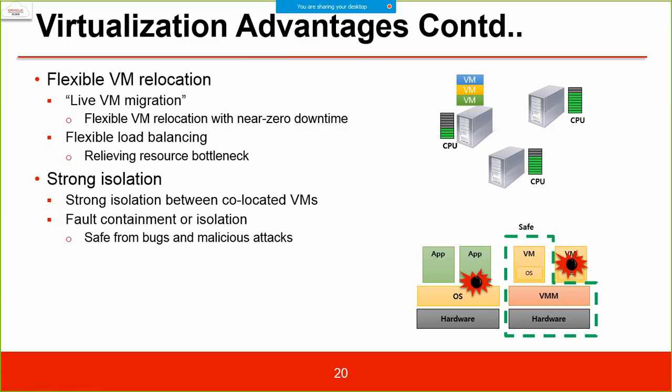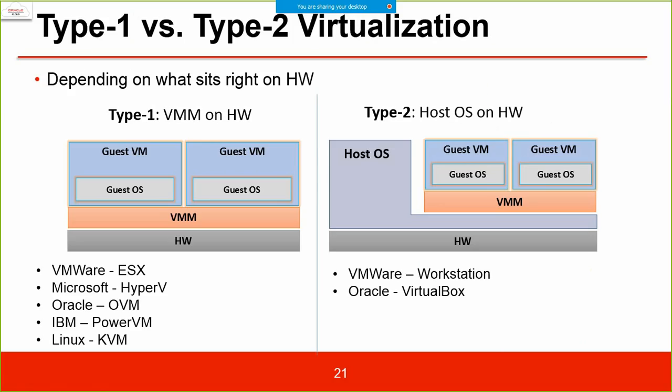So that isolation ensures the safety and security of the guest machines or applications running on the hypervisor. So strong isolation between co-located virtual machines, fault containment or isolation, safe from bugs and malicious attacks. That gives you the advantage of virtualization.